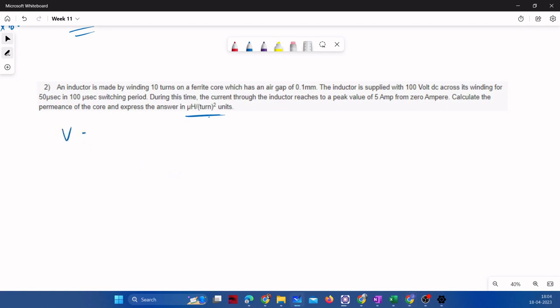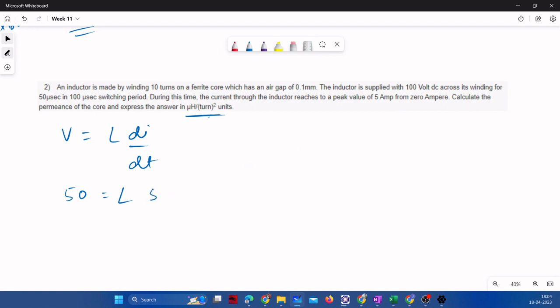So let me write that equation. 100 volt is being provided for 50 microsecond. So 100 volt, we can write, inductance we want to compute, and the change in current is observed from 5 ampere to 0 ampere.